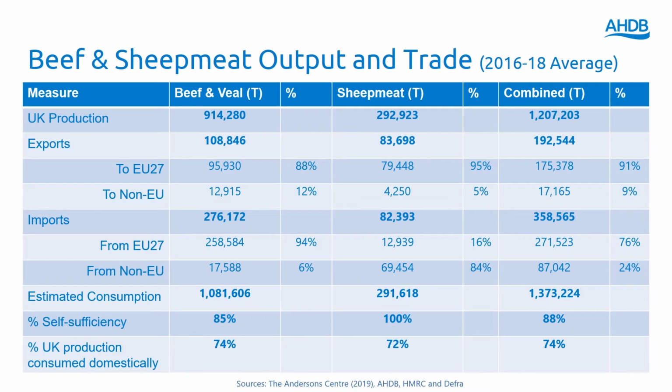But those statistics do reveal the extent to which the UK sheep meat sector is reliant upon those exports into the EU market. And on the import side of things, they are also significant, particularly due to seasonal factors, with imports coming in from New Zealand and Australia in particular being important at certain times of the year in a UK context.